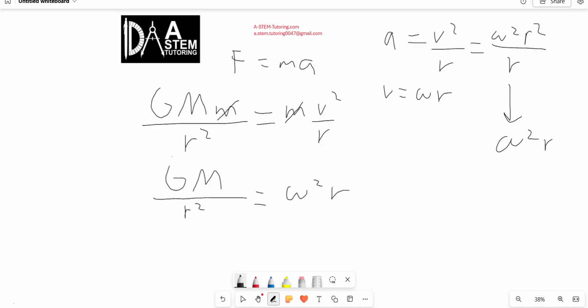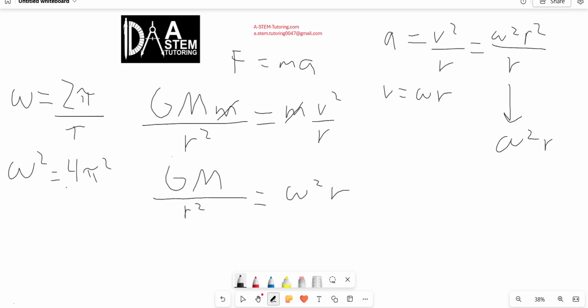Now remember from cyclical wave patterns, from learning about sine and cosine waves, omega also equals 2 pi over T, where T is the period. That means omega squared equals 4 pi squared over T squared, because 2 squared is 4.